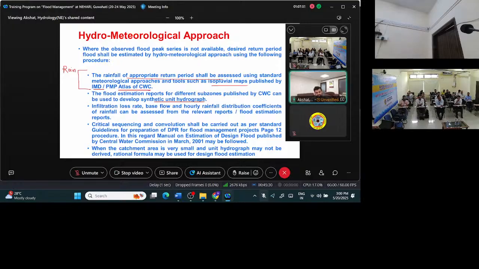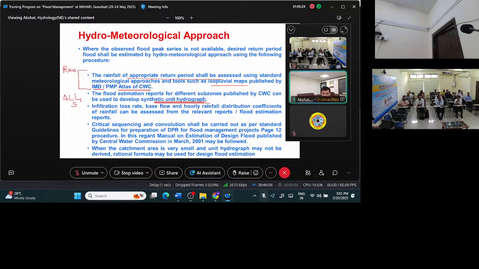For example, if you have a catchment of say 1,000 square kilometers and 1 centimeter of rainfall comes over it for 1 hour, what will be the resulting discharge at the point where the catchment is 1,000? That is where you'll get the synthetic unit hydrograph. Synthetic unit hydrograph means we derive this unit hydrograph using area, longest flow path, centroidal flow path, and the slope of the basin.